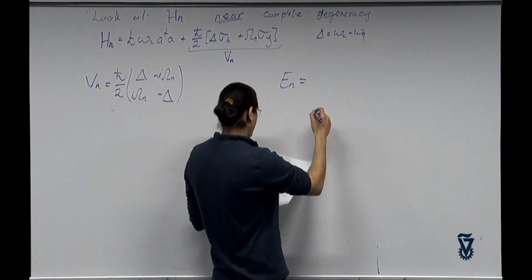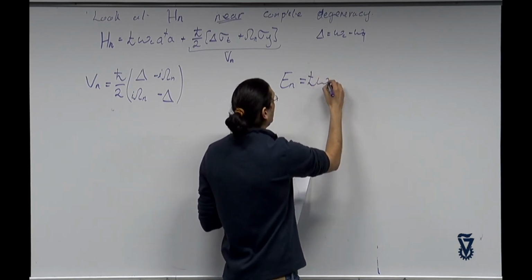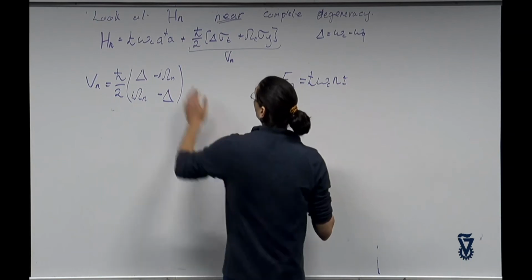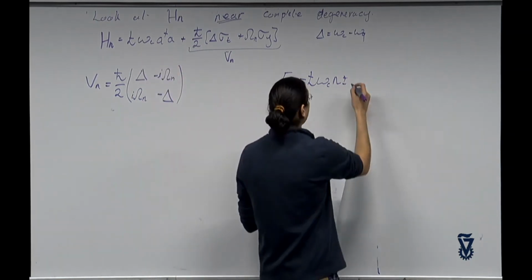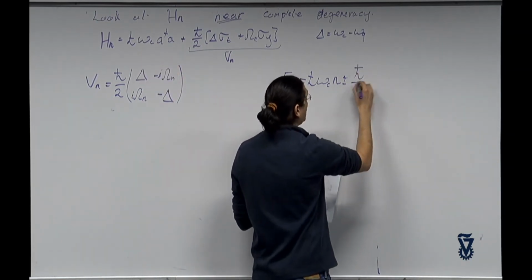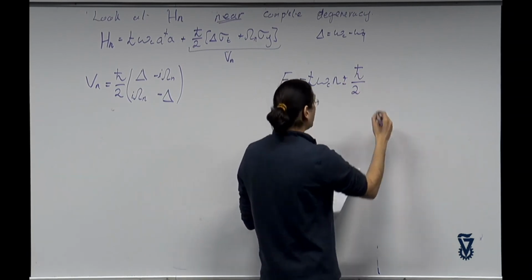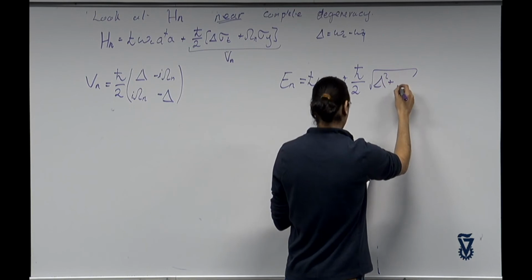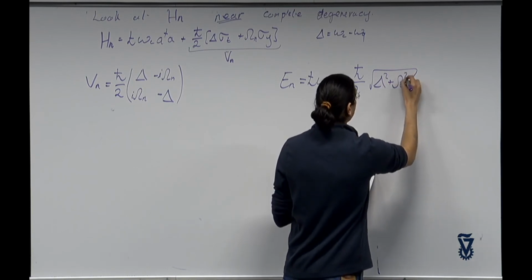So the energy levels are just going to be h bar omega c n. This comes from that. That's really not that interesting, but you have h bar over 2 square root of delta squared plus omega n squared.